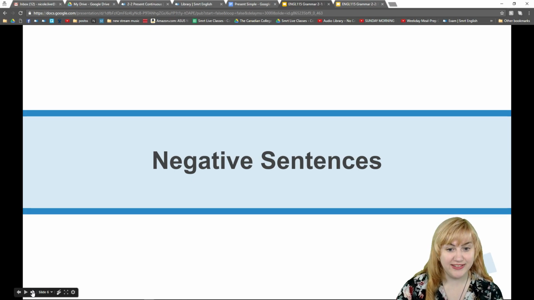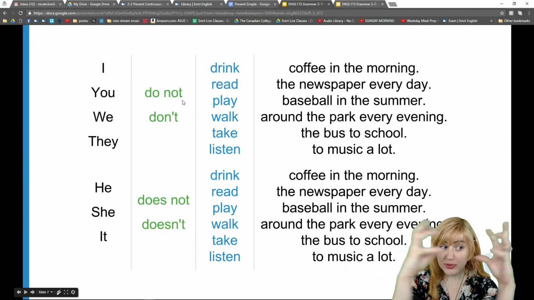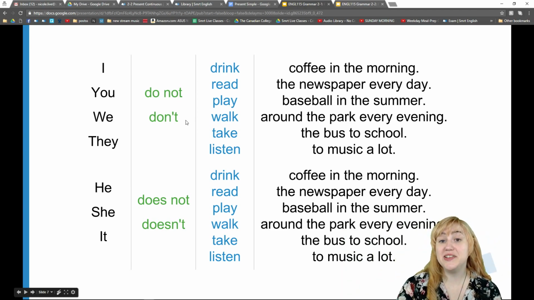Here's for the negatives. The negatives for I, you, we, or they, we can say do not, or you can put it together and say don't. And then after that, we use verb 1, the infinitive verb. So I do not drink, or I don't drink coffee in the morning.